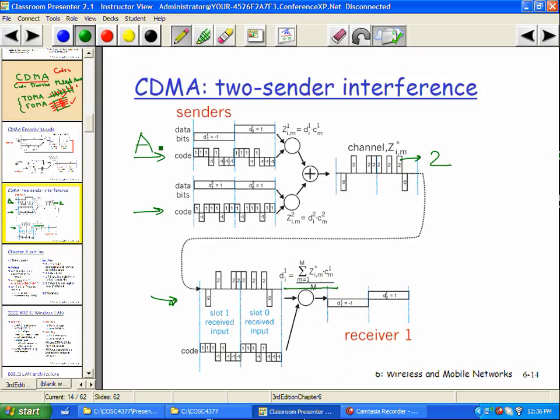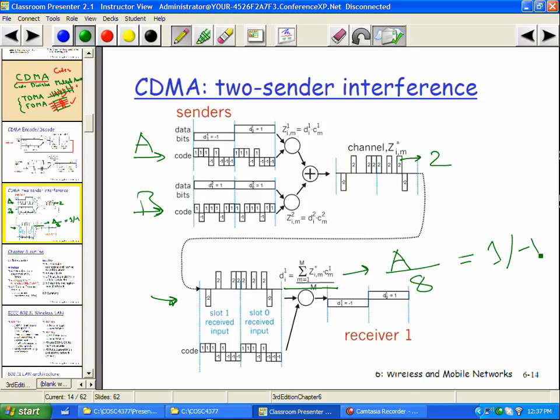So this is A, this may be B, and at the receiver, you component-wise multiply by A's code and divide by 8, and you will get 1 or a minus 1 depending on what was sent. And what was sent by the other 16 people doesn't matter. Okay? It just gets filtered out. So it's not going to work if you arbitrarily pick codes. The codes have to be picked carefully, but it does work for selected sets of codes.